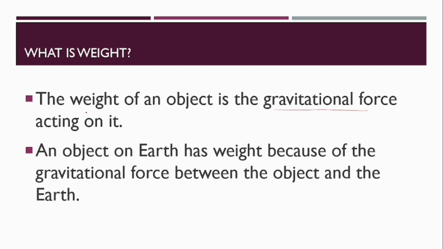So weight is a force, so its unit is Newton, and it is actually the gravitational force acting on an object, so it depends on gravity. The value of gravity is different in different planets, it is different on Earth, it is different in space. So our weight changes on every planet.